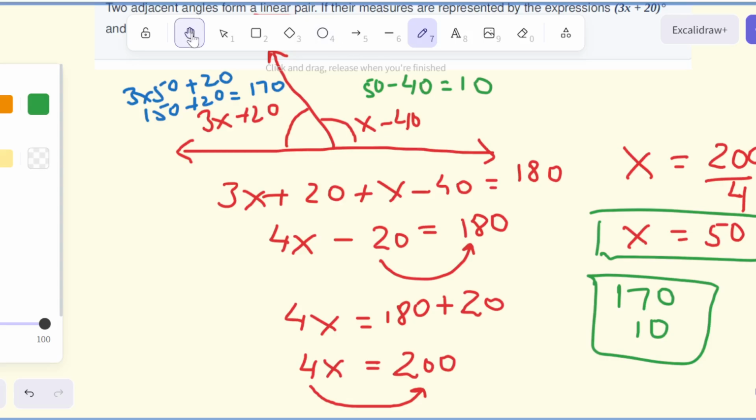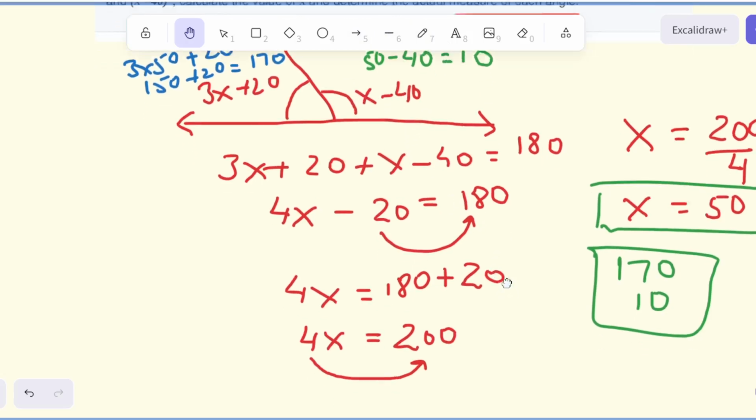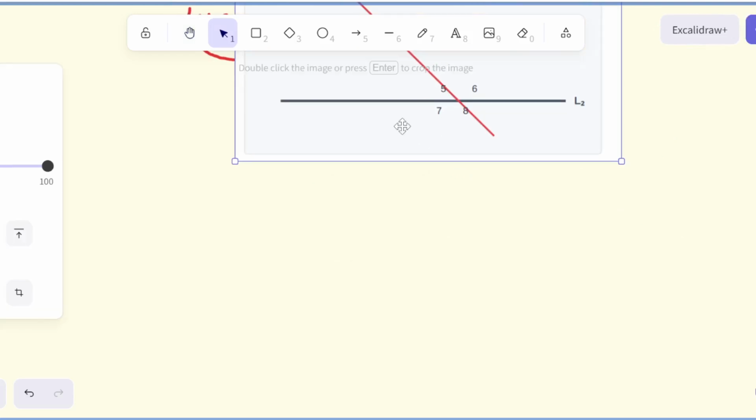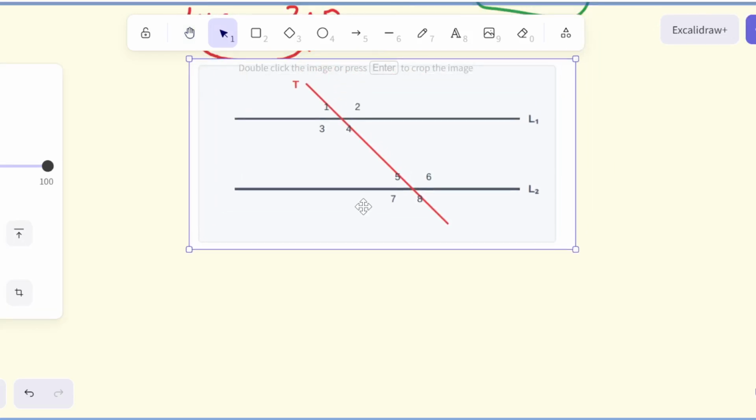So that's what we learned about linear pair, adjacent angles, vertically opposite, and complementary and supplementary angles. And now we also learned another topic: pair of parallel lines and a transversal, right?